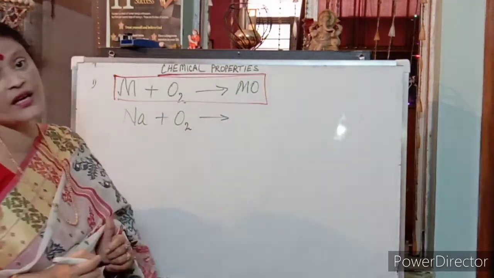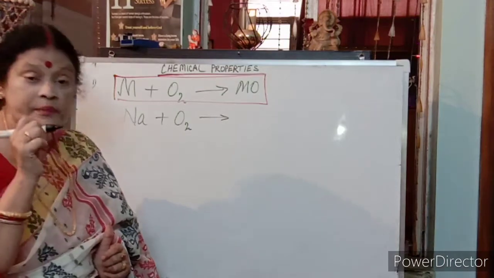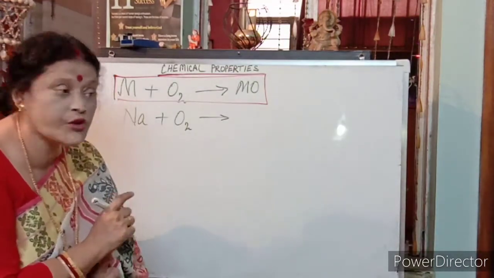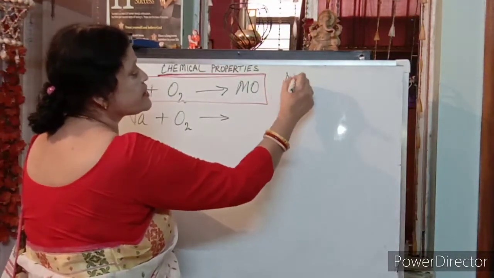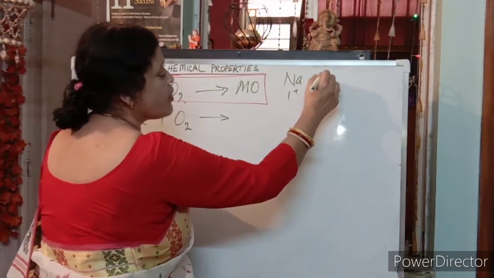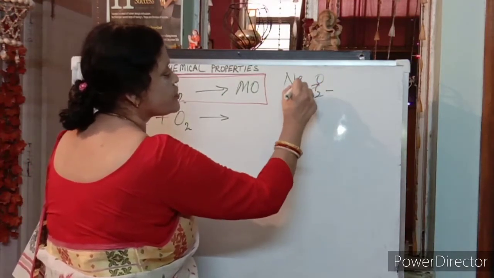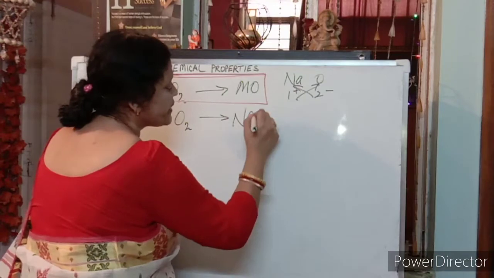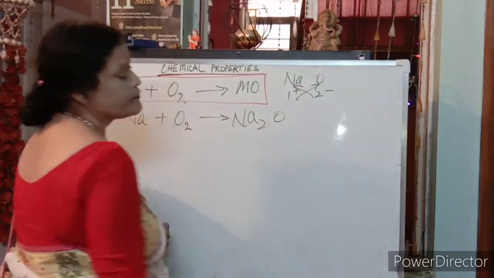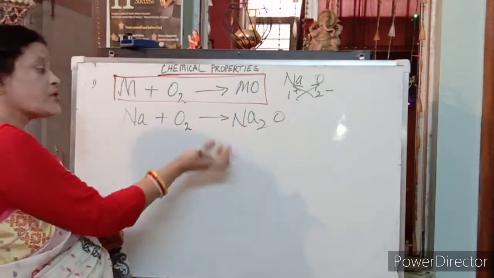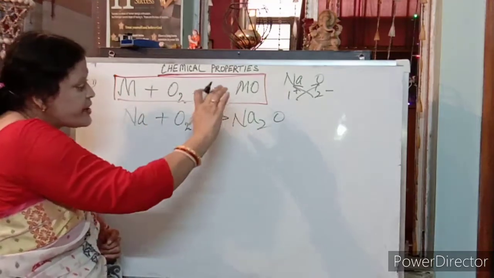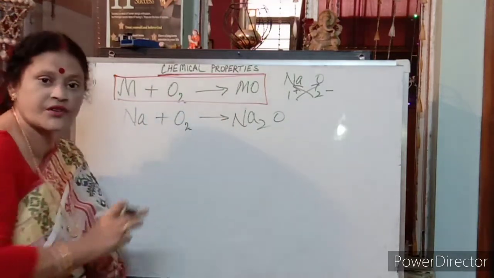You should know the formula of sodium oxide. We know the valency of sodium is 1 positive and oxygen is 2 negative. So what is the formula then? Na2O.